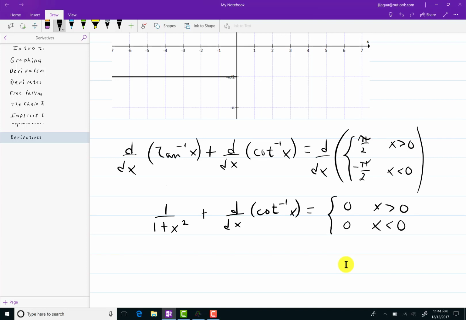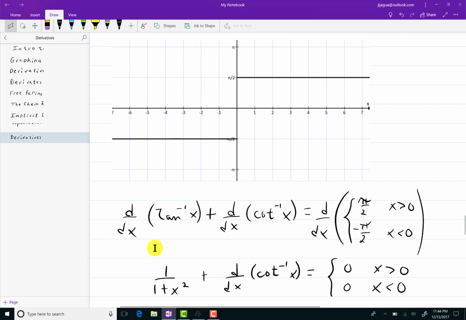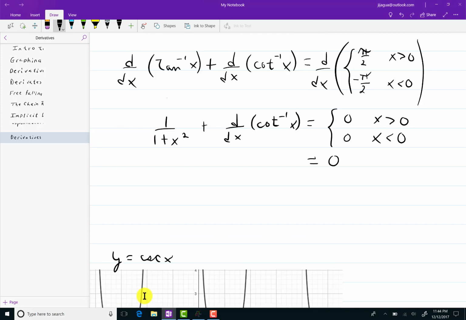The derivative of a constant is 0. So that's 0 for everything except x equal to 0. But that's only because of the discontinuity from their sum. I have 1 over 1 plus x squared plus d over dx cot inverse of x. And then when I subtract 1 over 1 plus x squared, I end up with this. As you should now be getting the idea, the derivative of the arc cofunctions is the negative of the derivative of the arc initial function.